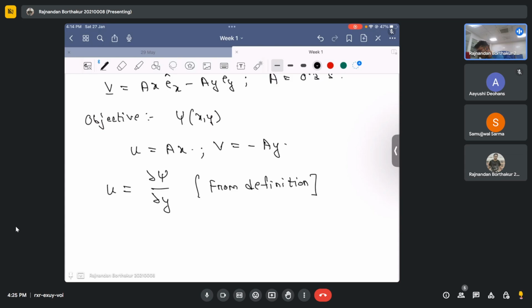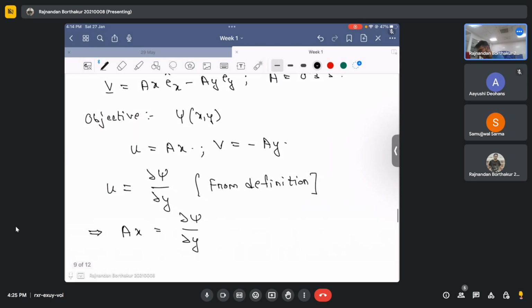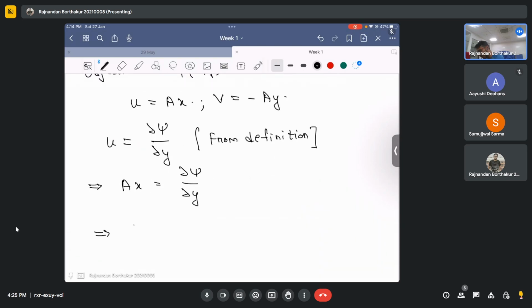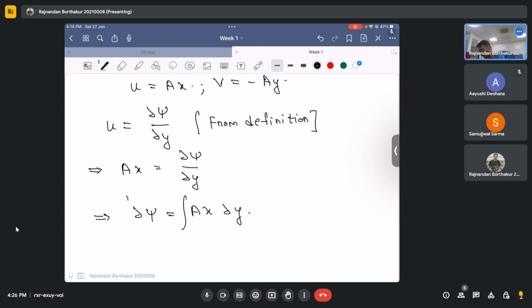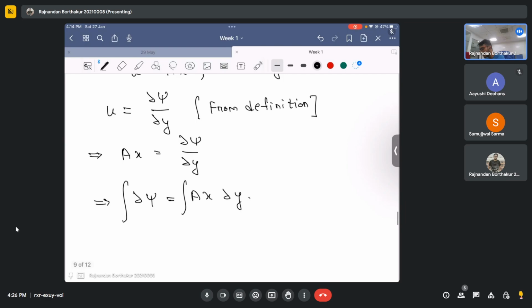We know that u is given as a times x, which means ax is just del psi by del y. Now del psi becomes ax times del y, so we need to integrate this with respect to y, since there is this del y here.